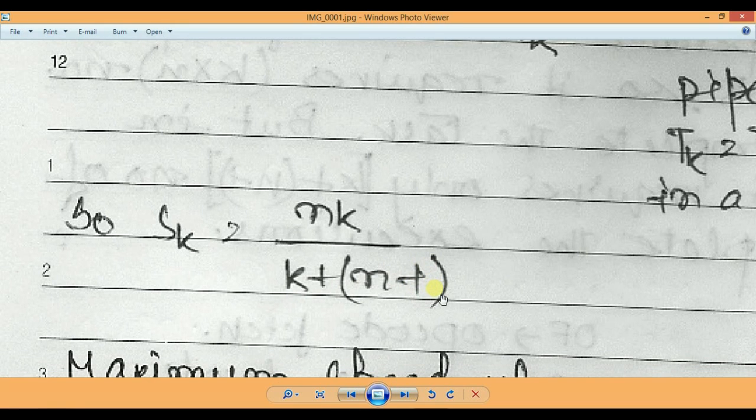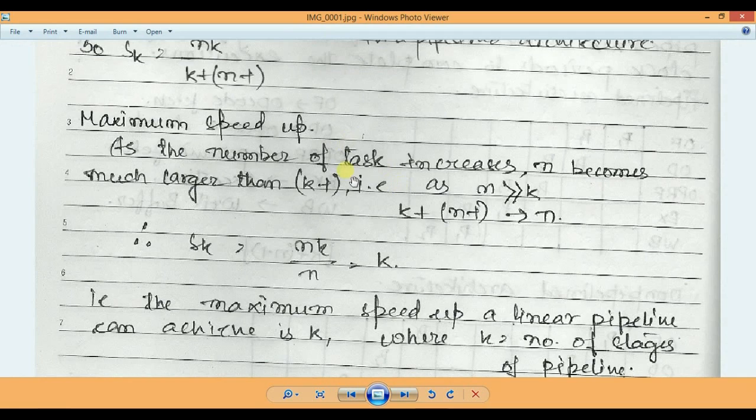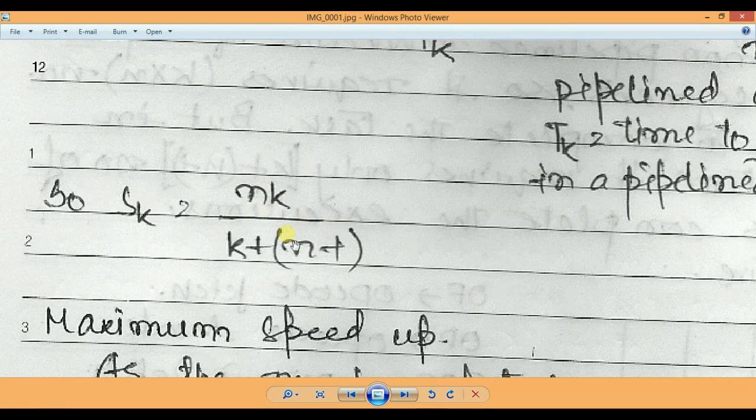So in the denominator, the variable is n, and in the numerator as well. So we can change the number of instructions only. So our target is to obtain maximum speed up. We have to make certain adjustments so that we can maximize Sk.